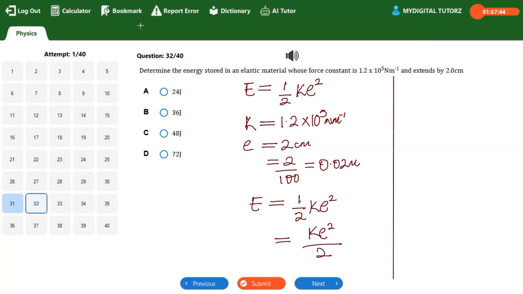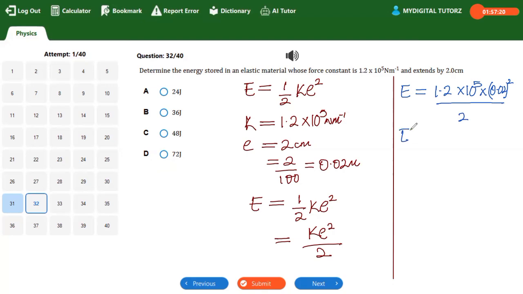You plug in the values. So what is the value? We have our E is equal to K, which is 1.2 times 10 raised to power 5, all multiplied by 0.02 all squared, then divided by 2.